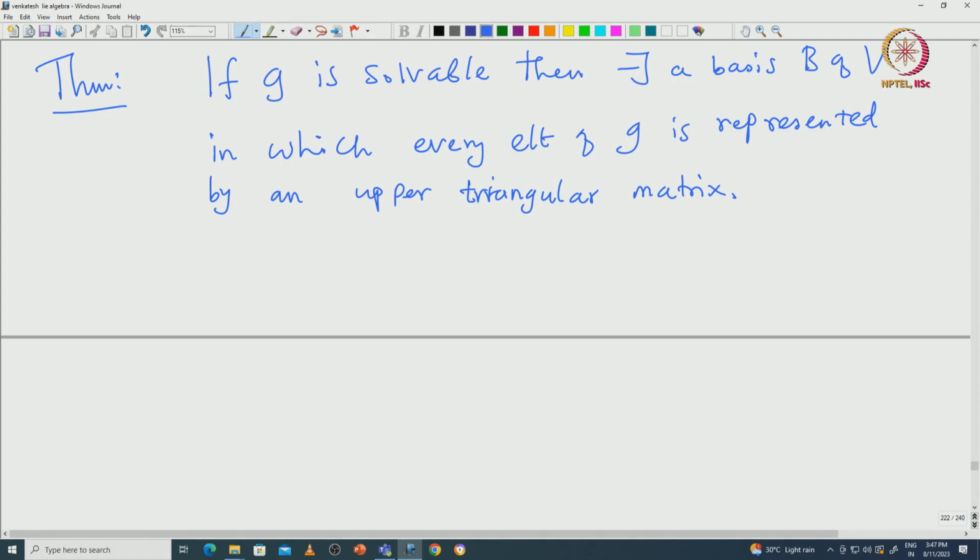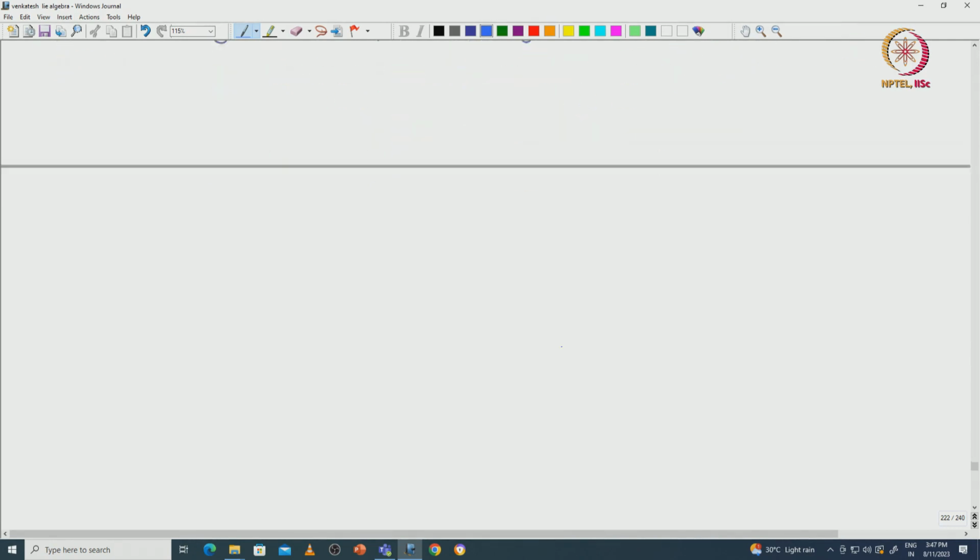If the Lie algebra structure on it is solvable, then we can assure that there exists a basis such that every element of that solvable Lie algebra is represented by an upper triangular matrix. Okay, so let us see how to prove this.